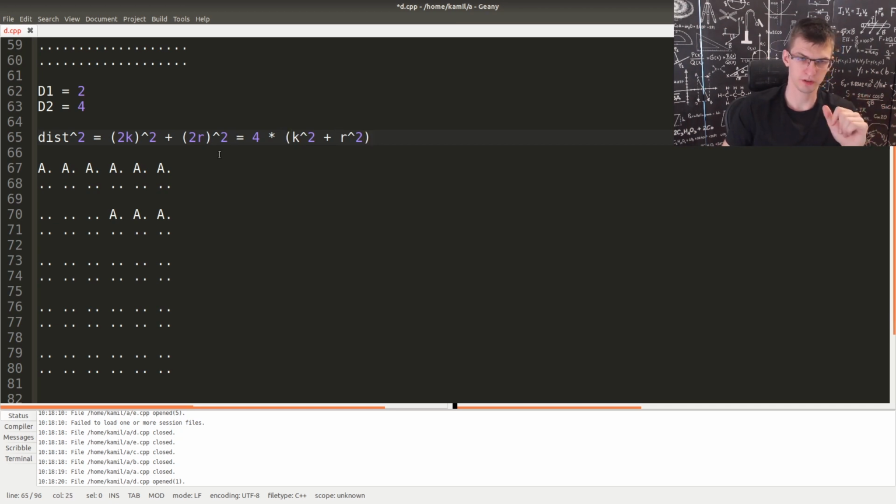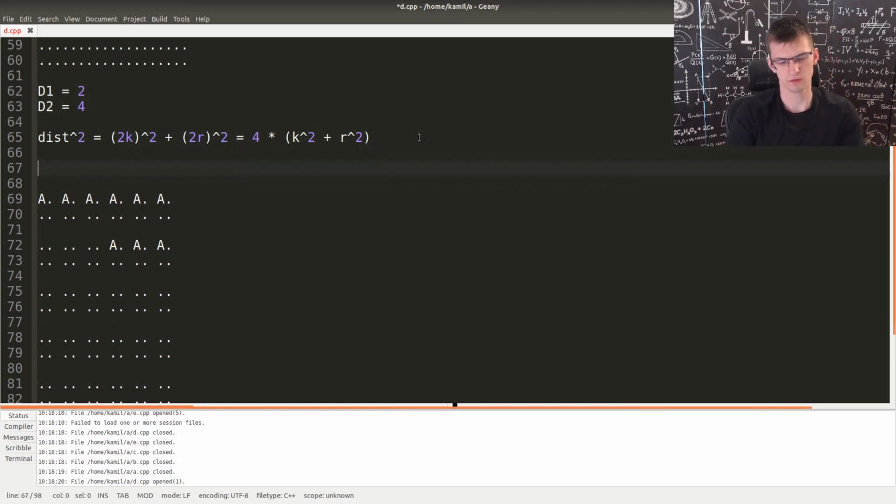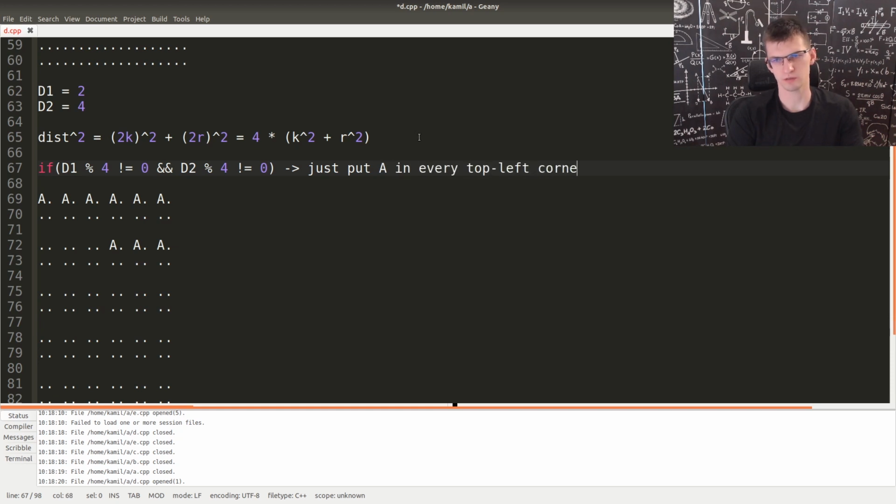It's 4 before goes before brackets. If d1 and d2 are not divisible by 4, d1 modulo 4 is not 0 and d2 modulo 4 is not 0, then just put A in every top left corner.